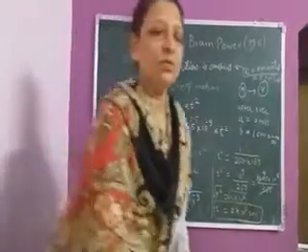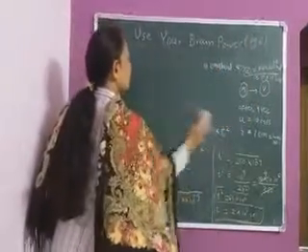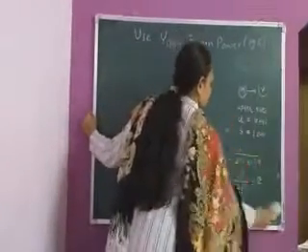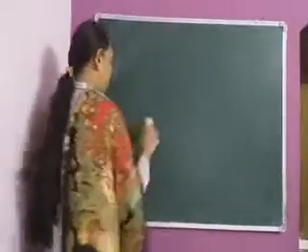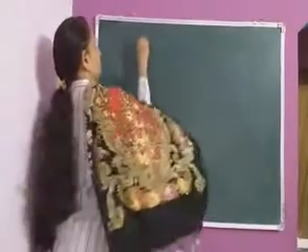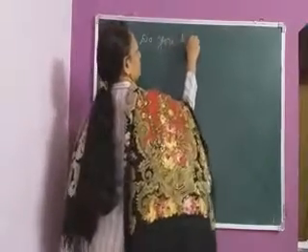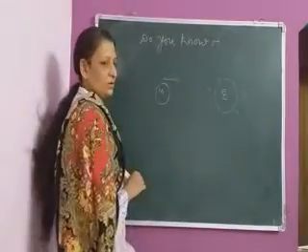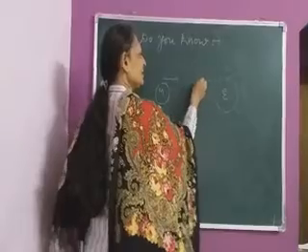Now the next point in your textbook is given in the 'Do you know'. The Moon exerts a force of attraction on Earth, and as a result of this force of attraction, Earth is also exerting force on the Moon.